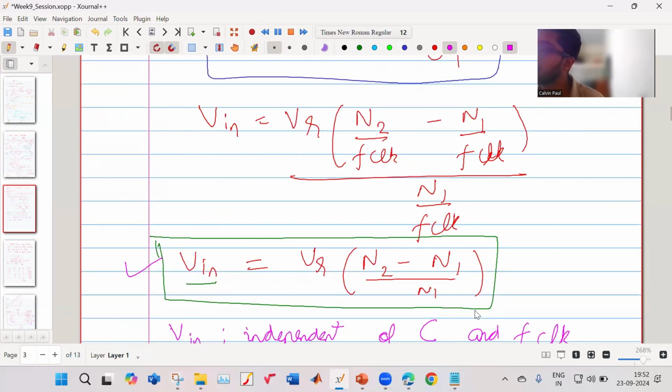It depends on VR times (N2 minus N1) upon N1. So if we can make sure that VR is fixed and doesn't change, then I will get an accurate value. That is where people are going for integrated circuits.